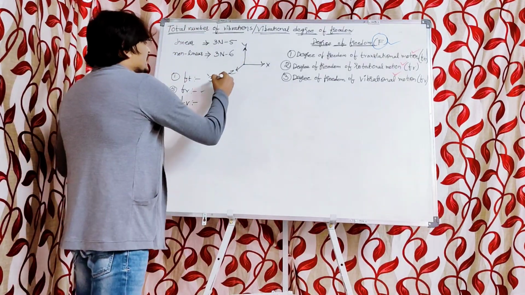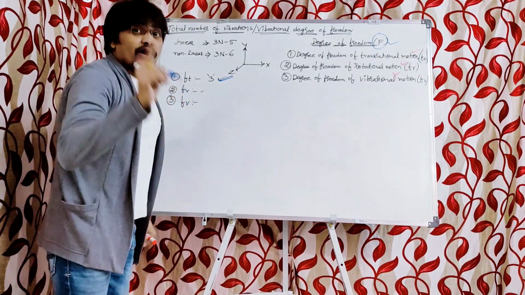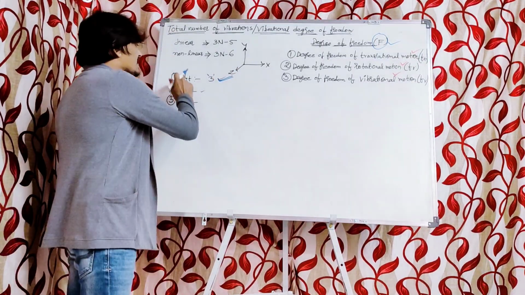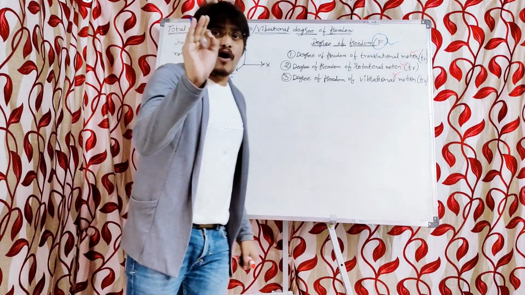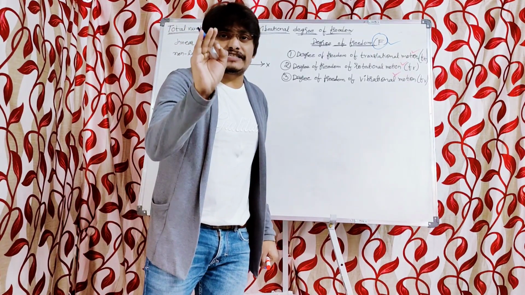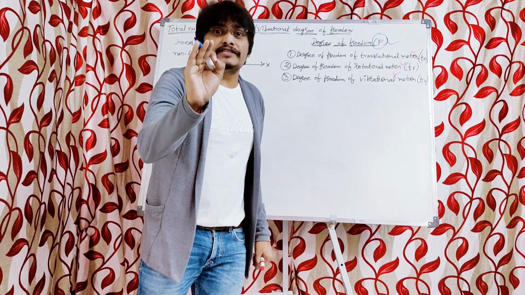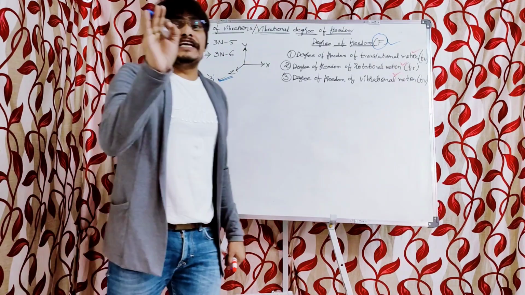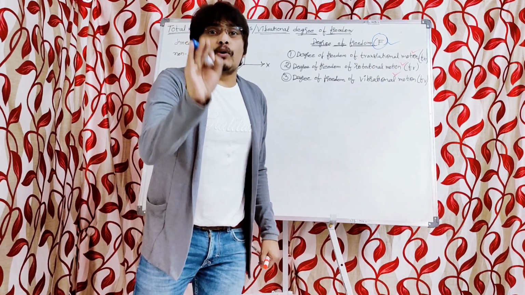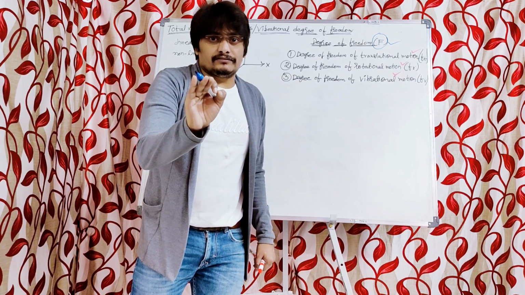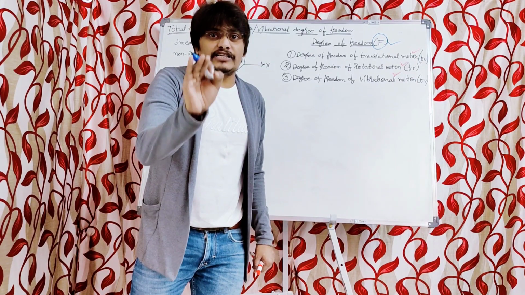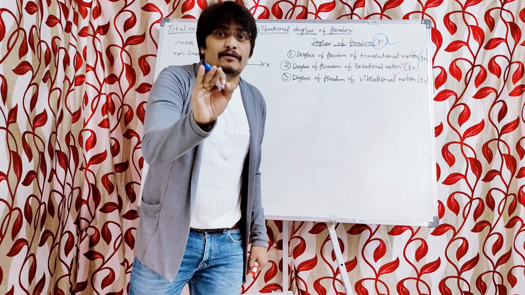Ft and Fr are present in all the molecules at ordinary temperature. That is, the degree of freedom of translational motion, Ft, is present at ordinary temperature. Next, the degree of freedom of rotational motion, represented by Fr, is also present at ordinary temperature.